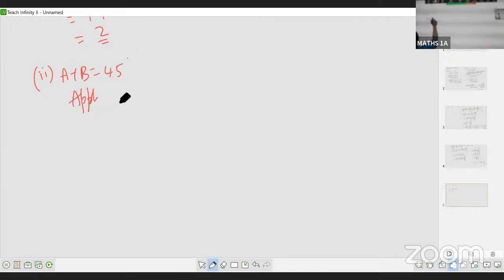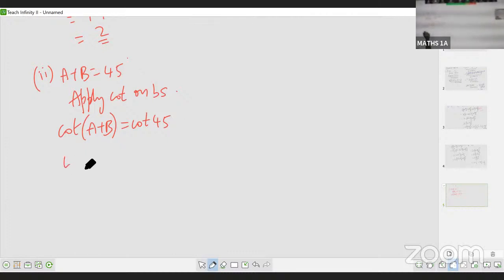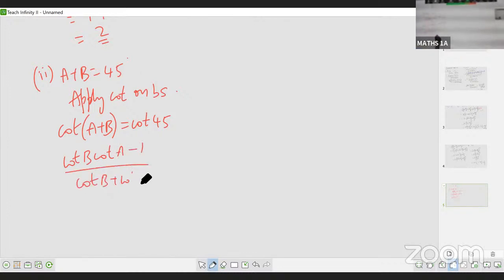Apply cot on both sides. That is cot of a plus b equal to cot 45. That is cot b cot a minus 1 by cot b plus cot a, by the formula. Cot 45 is 1.